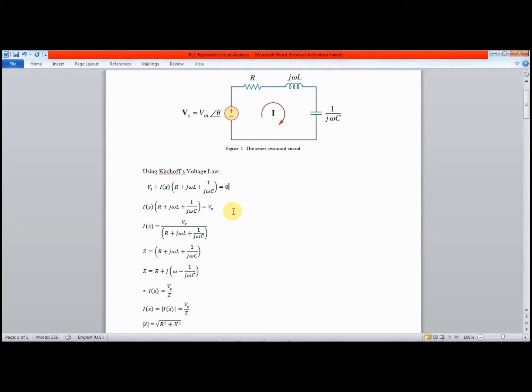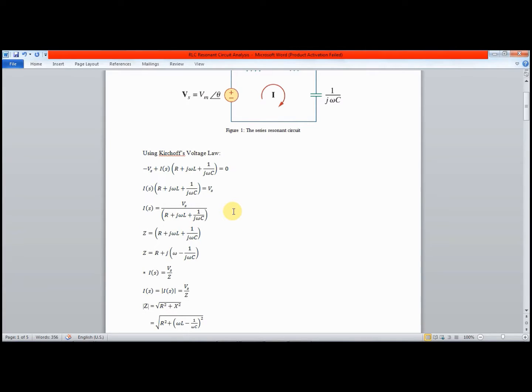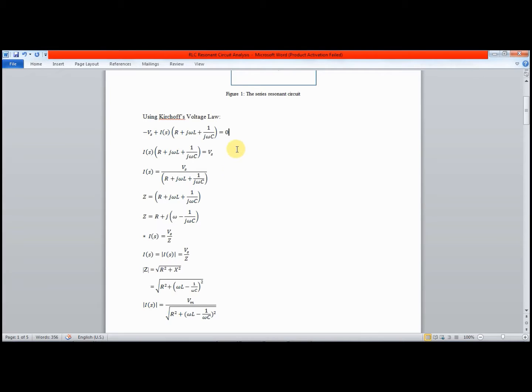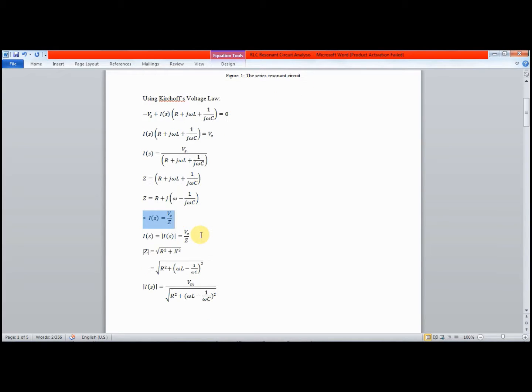So from this equation, we may arrange it to get the current transfer function, which is Is equals Vs over R plus j omega L plus 1 over j omega C. So from this Is equation, we may get Is equals Vs over Z. For the final derivation, Is equals Vm over the square root of R squared plus (omega L minus 1 over omega C) squared.